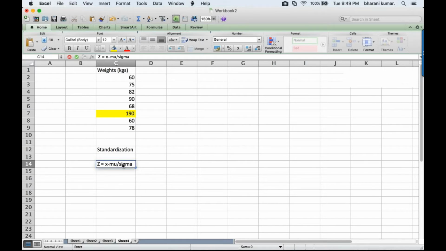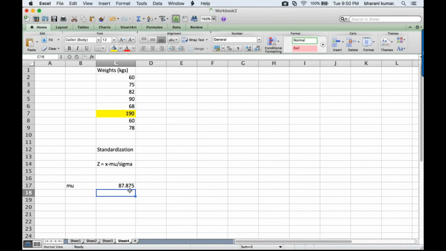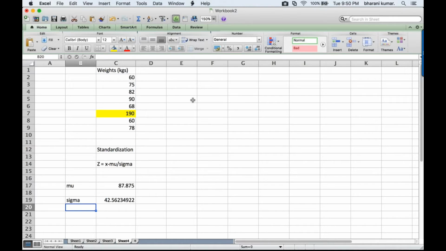You need to calculate mu first, which is the mean or average. The average of this data set is 87.875. Sigma is the standard deviation, which for this data set is 42.56.